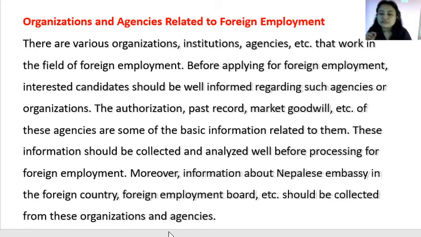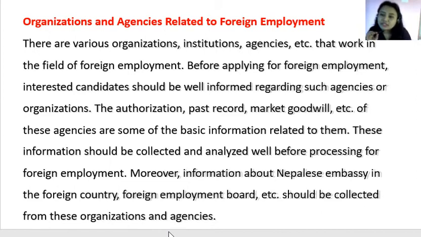Moreover, the information about the Nepalese embassy in the foreign country and the foreign employment board should be collected from these organizations and agencies. Whenever you go to a foreign country and any sort of problem occurs, you need to contact the Nepalese embassy present in that foreign country.